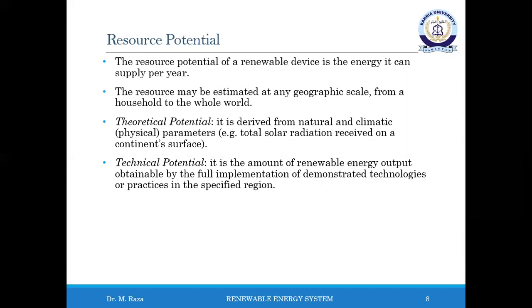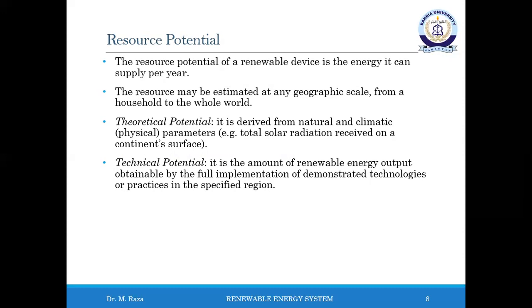The second measure is the technical potential. The technical potential is the amount of renewable energy output obtainable by the full implementation of demonstrated technologies or practices in a specified region. No explicit reference is made to cost, institutional policy, or other man-made barriers that may limit take-up of the technology.